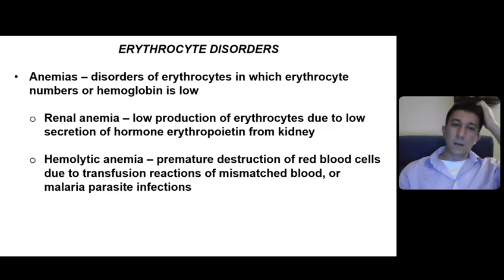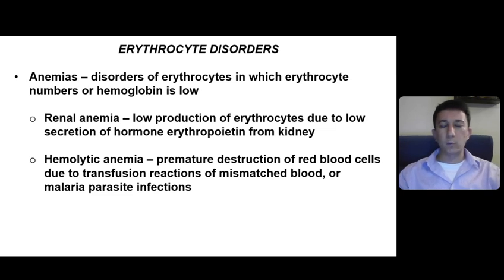We also see, finally, hemolytic anemia, which hemolytic refers to the premature destruction of red blood cells. This could more commonly be caused by transfusion reactions because mismatched donor and recipient blood types will cause the recipient's immune system to create transfusion reactions to destroy the mismatched blood.